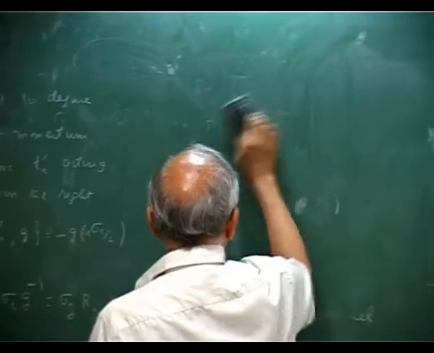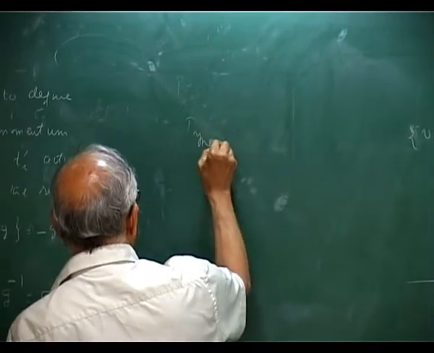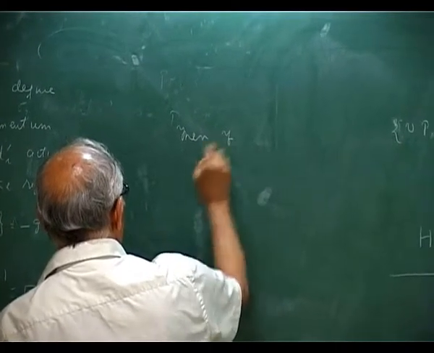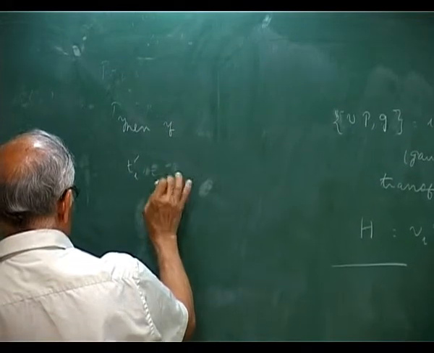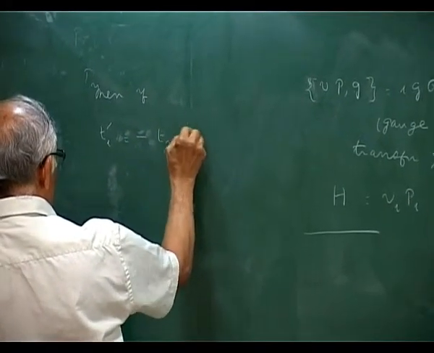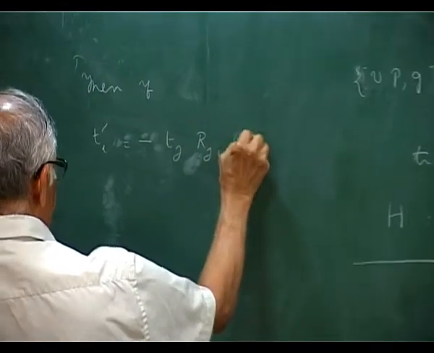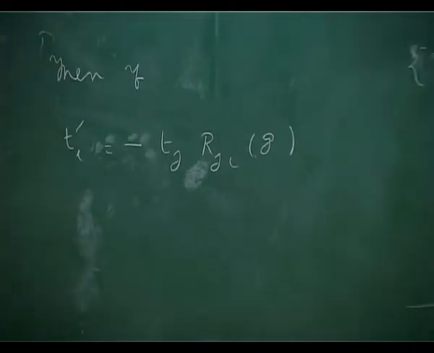Why did I do this? Well, let me write T prime i as minus T j R j i of G, simply a linear combination of the T's.